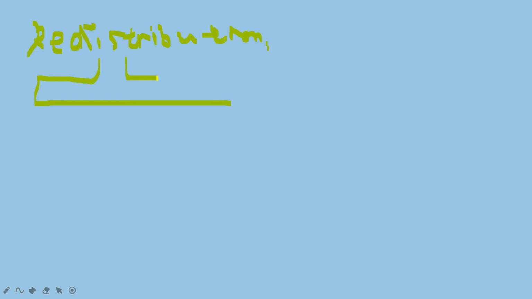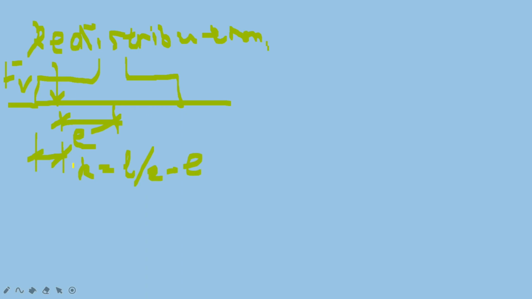So let's draw a footing here with a resultant force with an eccentricity e. Let's define the distance between the applied load and the edge of the footing as k, so it equals L over 2 minus e.